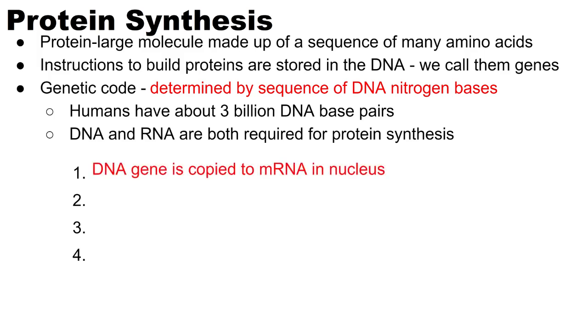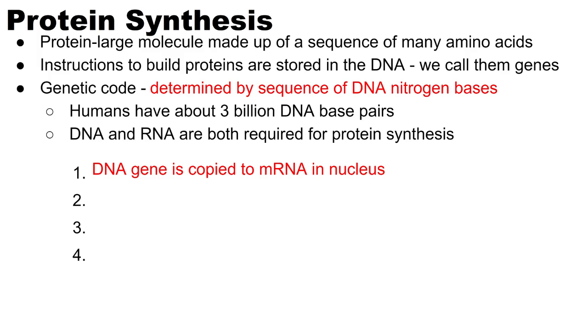So here are the basic steps. First, when one of the recipes in the DNA is going to be turned into a protein, there's several things that happen. First off, the DNA has to unzip.